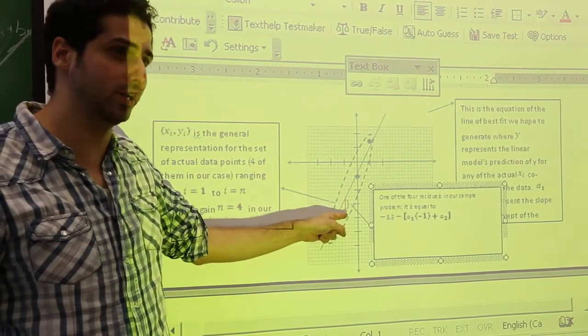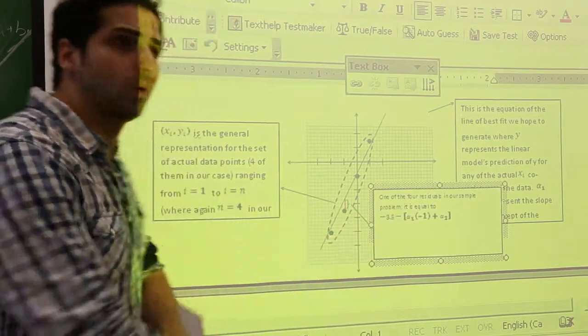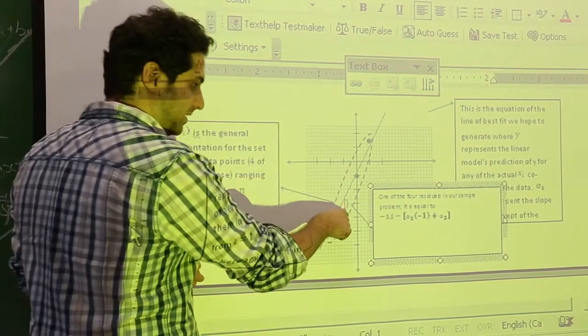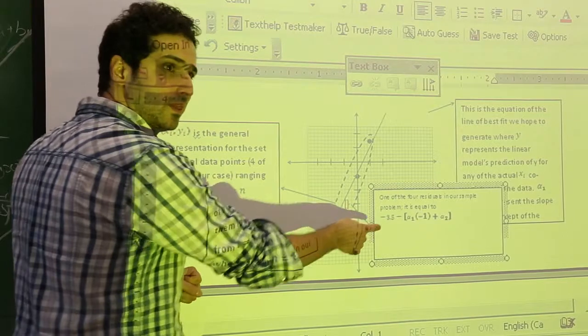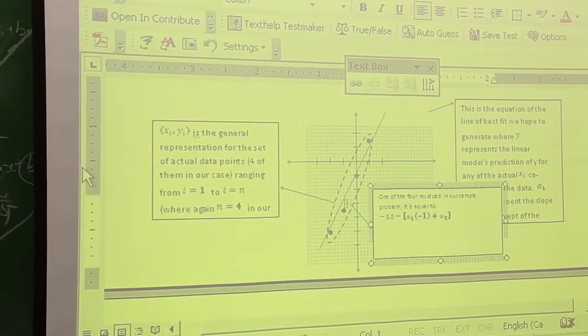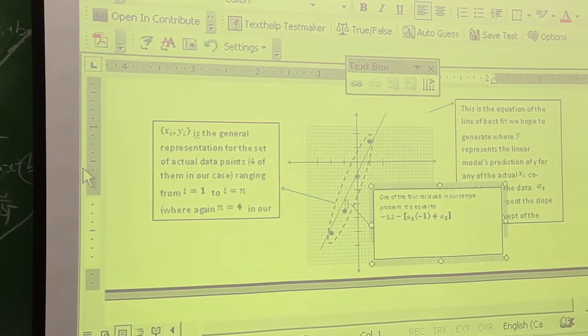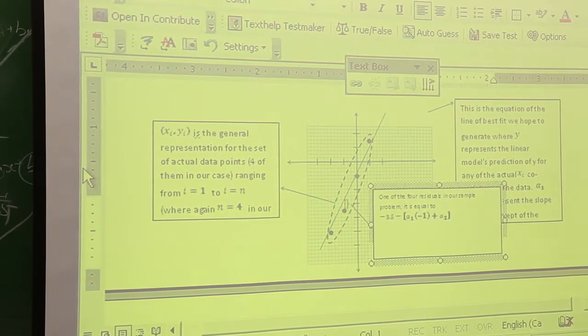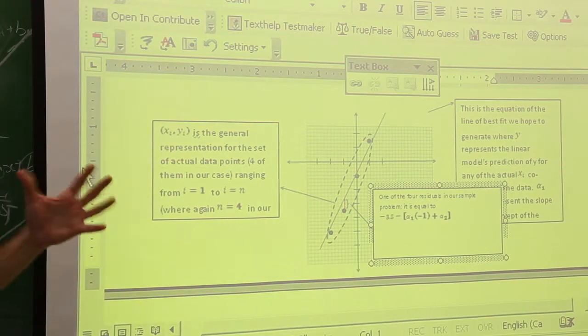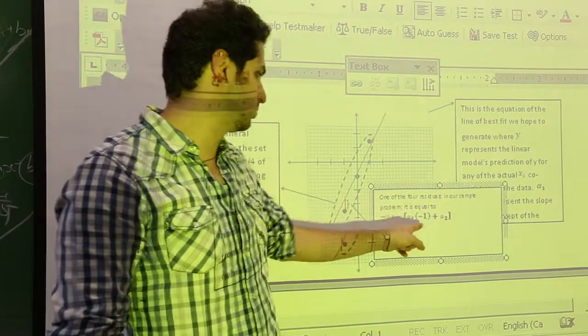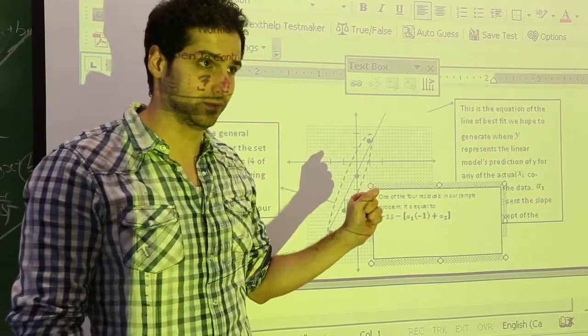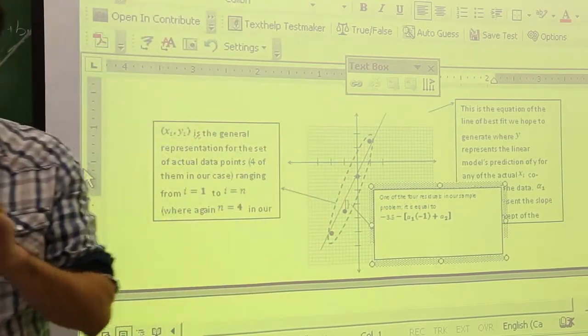And the x coordinate of this point is -1. So when x is -1, the actual data is at a height of -3.5. But if you use mx plus b, the height at -1 will be whatever your equation says times -1 plus b. So alpha 1 and alpha 2 represent slope and y-intercept. You don't know what they are. That's what you're trying to figure out.